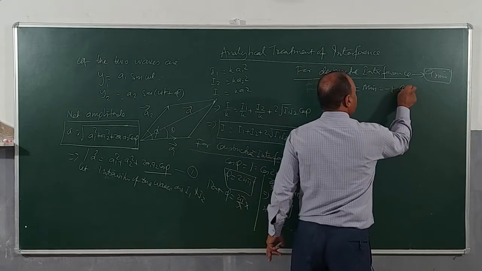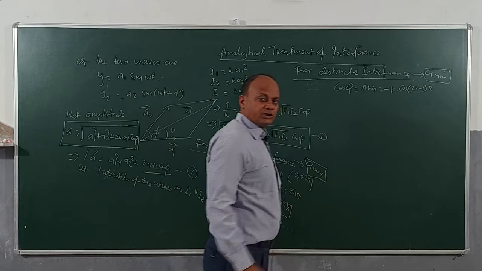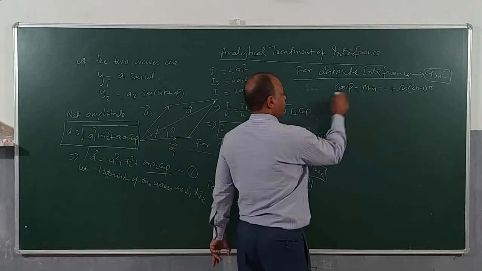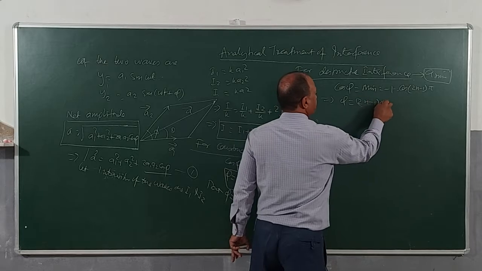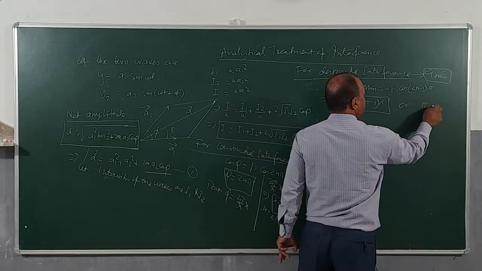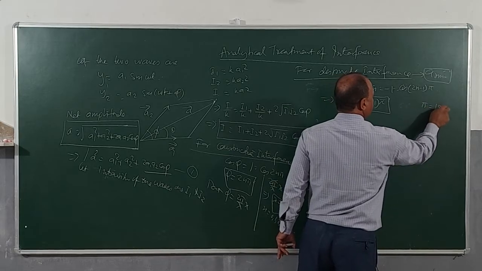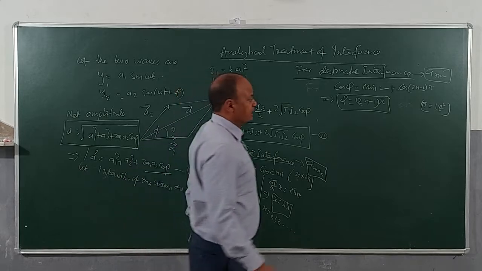I can write cos of (2n minus 1) into pi. If I remove cos on both sides, then phi will be (2n minus 1) into pi. Remember, children, pi is equal to 180 degrees. Clear?